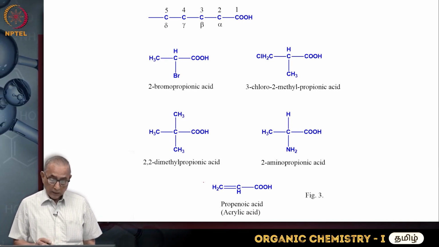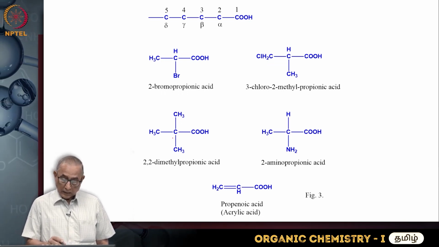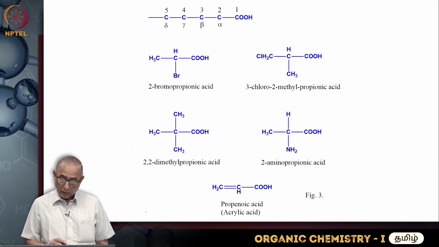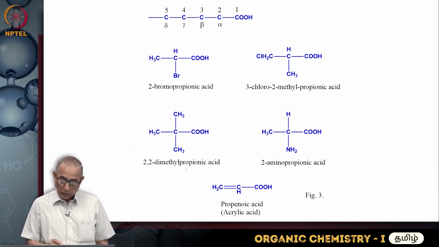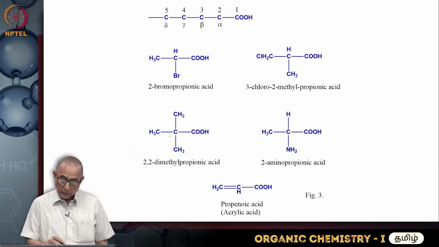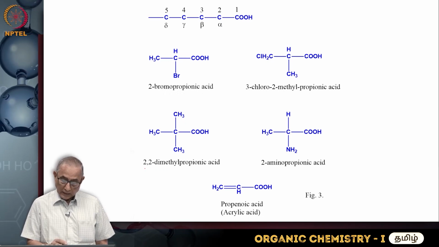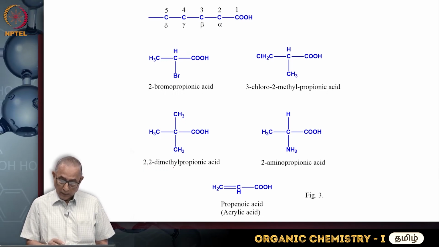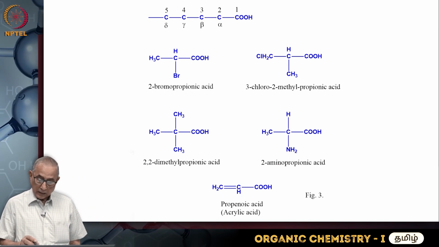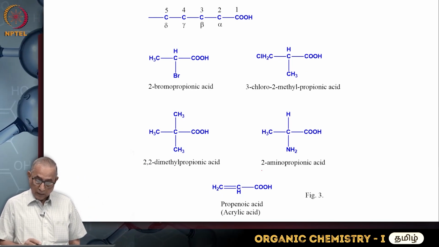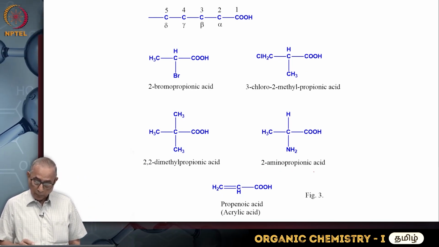In this compound, the second carbon has 2 methyl groups. This is 2,2 dimethyl propionic acid. Since both are at the same position, you repeat the number: 2,2 dimethyl propionic acid. Here in the second carbon you have an amino group, it's 2 amino propionic acid.